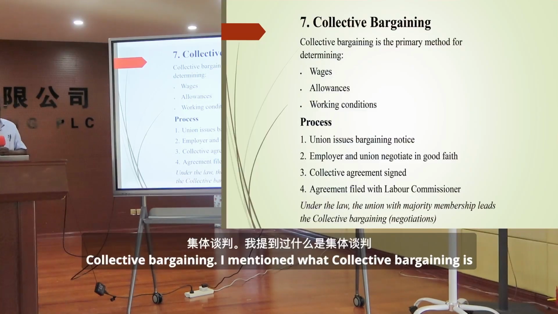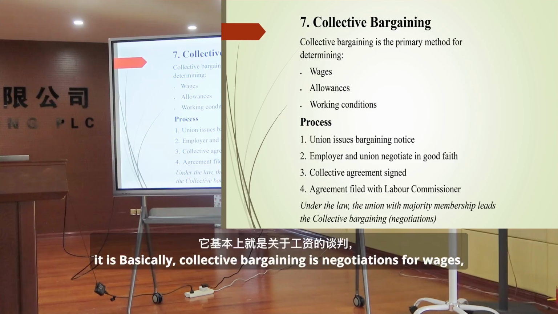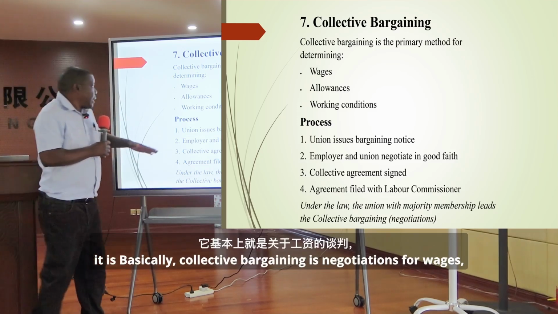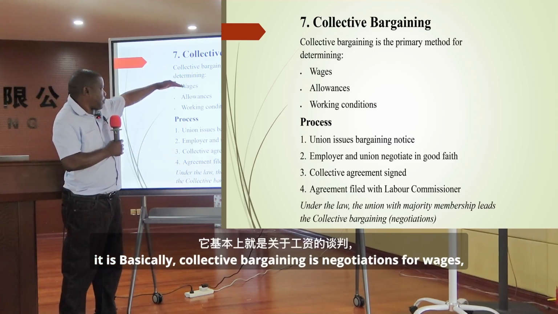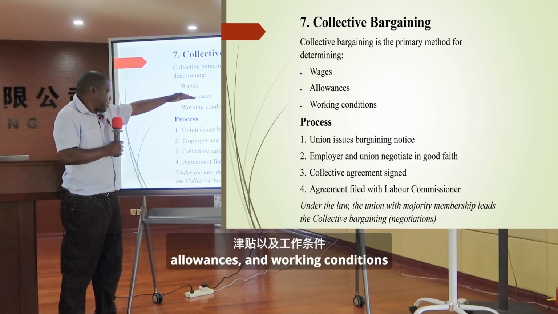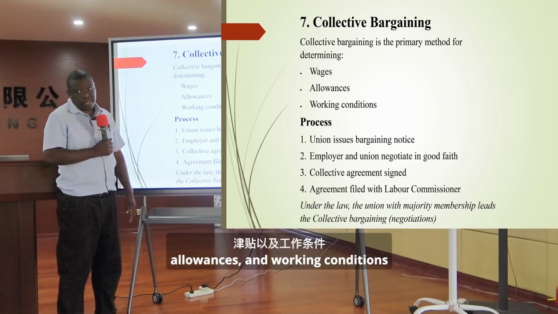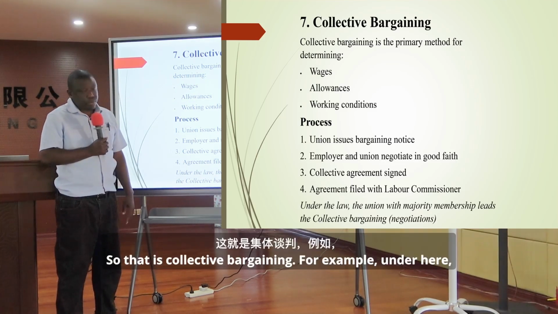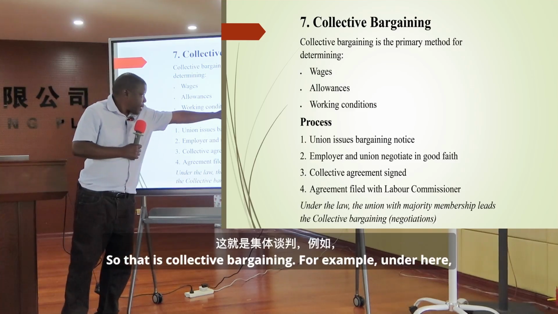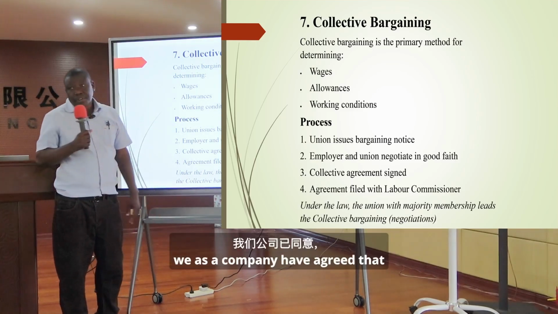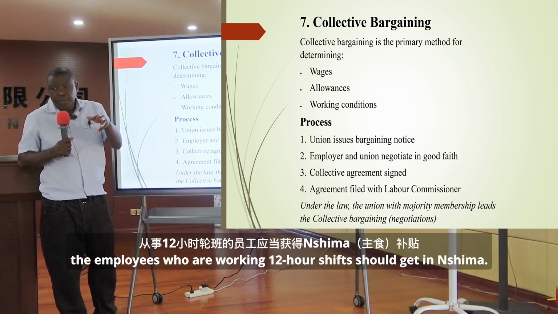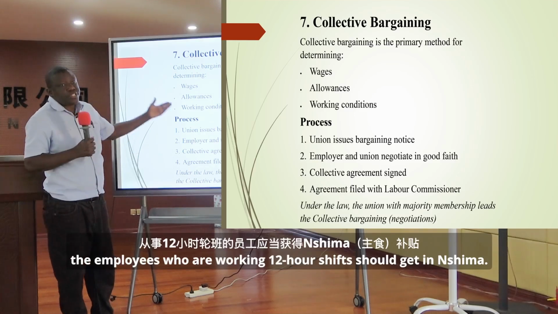Collective bargaining, I mentioned what it is. Basically, collective bargaining is negotiations for wages, allowances, and working conditions. For example, we as a company have agreed that employees who work a 12-hour shift should get nshima.